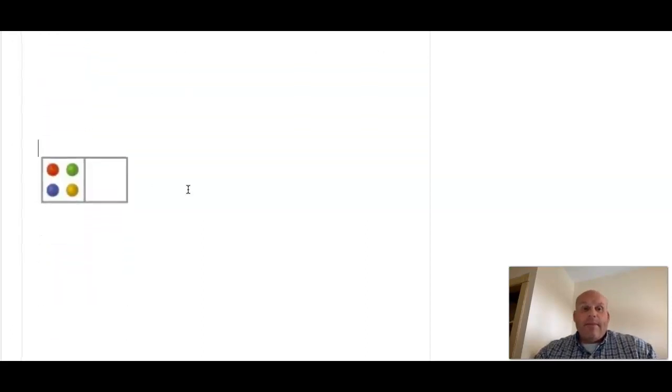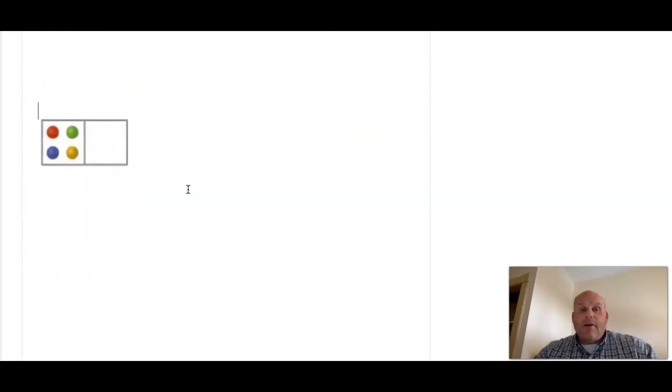Now, what happens if we double our volume here? Now you can see I have another box in which to distribute my four particles. What are the different ways in which I can distribute those particles? If you stop and think about this for a second, the possibilities are probably taking off for you.